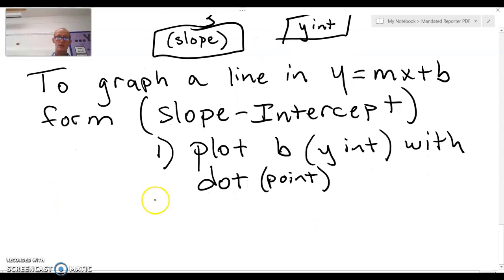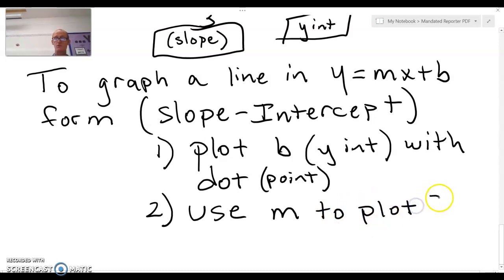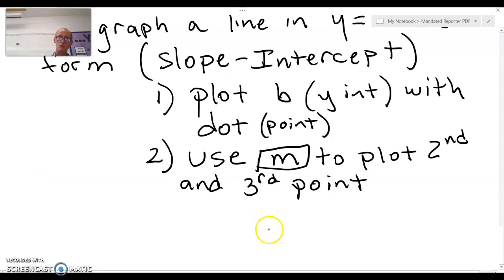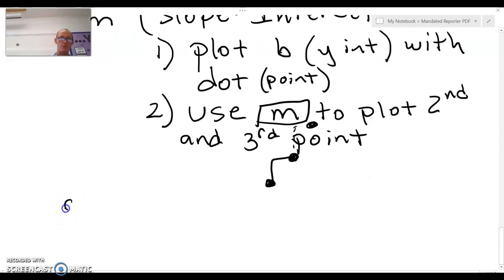The second is to use m to plot a second and third point. M is the slope. So you're going to do the rise over run, next point. Rise over run, next point.